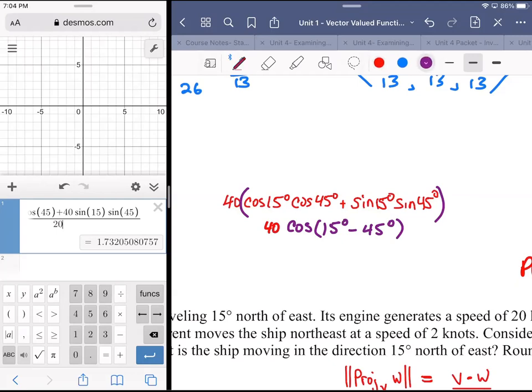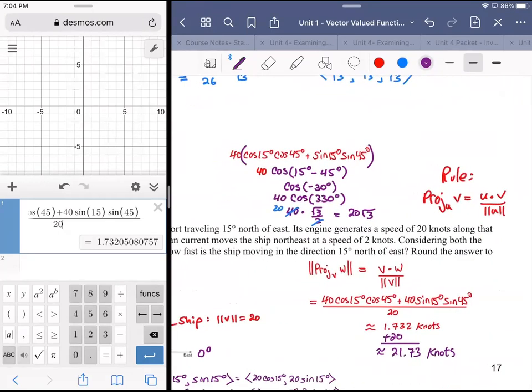All right, so that gives you a cosine of negative 30, which is the same as cosine of 330, which is radical 3 over 2. So you get 20 radical 3. And then you cancel that with this 20, and you get radical 3, which is 1.732, blah, blah, blah.